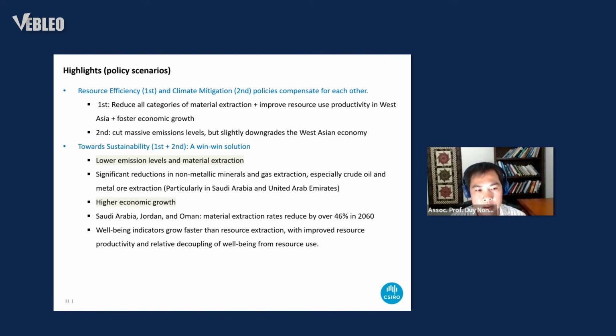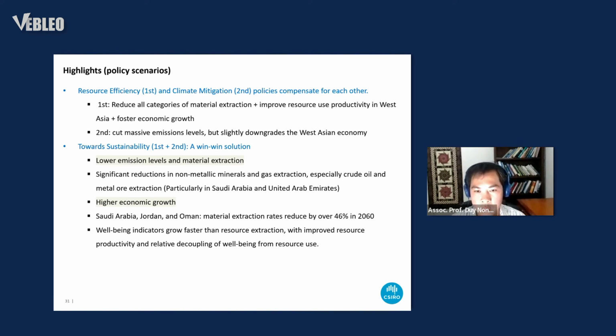And in this study, we see that in Saudi Arabia, Jordan, and Oman, the material extraction rate reduced significantly, by over 46% in 2060 compared to the baseline. And from this study, when we have the two policy packages in hand, it means that well-being indicators grow faster than resource extraction, which improves resource productivity and decouples well-being from resource use.